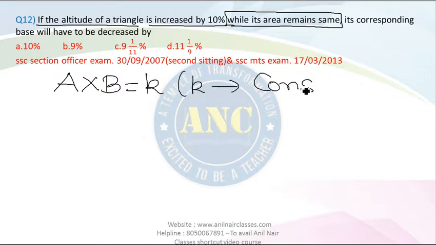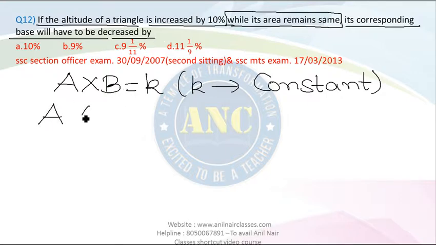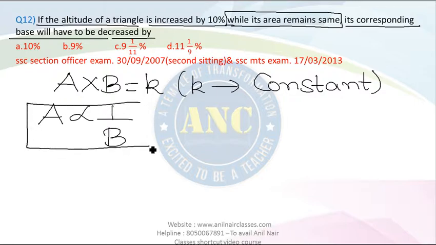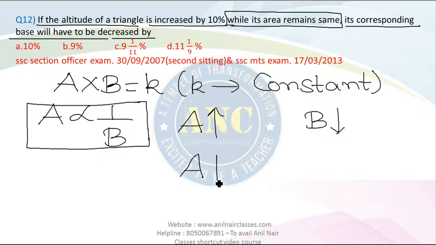If the altitude is increased by 10% while area remains constant, then its corresponding base will have to be decreased by what percentage? If K is constant, we knew in that case that A is inversely proportional to B. If A is inversely proportional to B, if one parameter increases, the other parameter will decrease, or if one parameter decreases, the other parameter will increase.